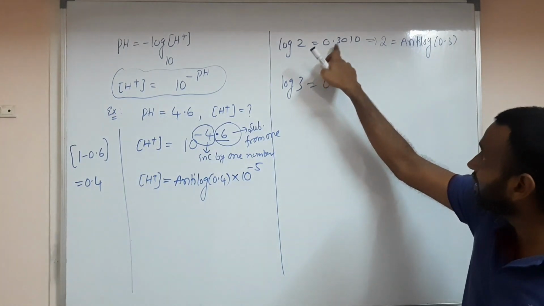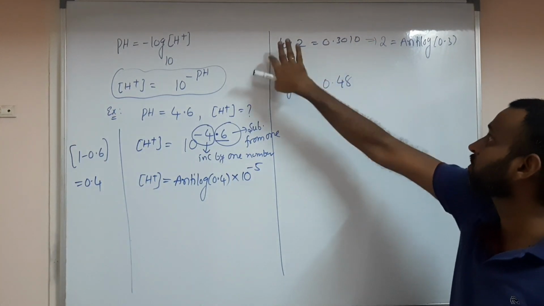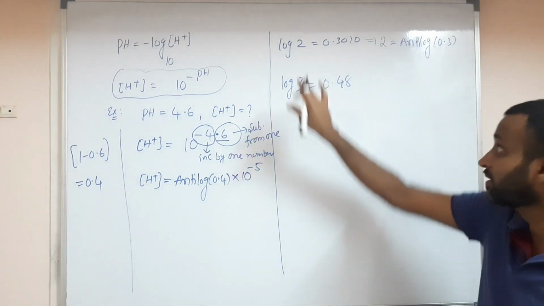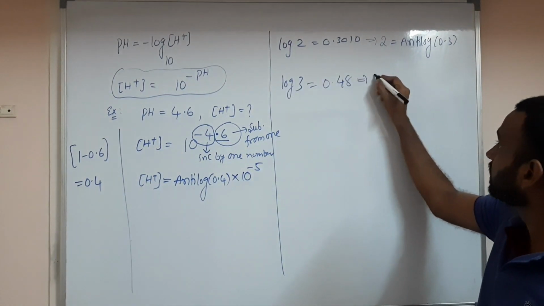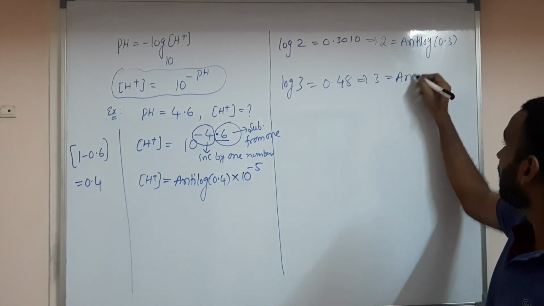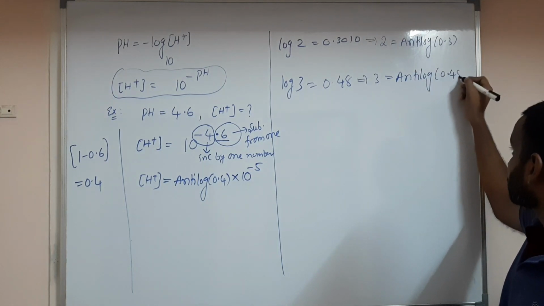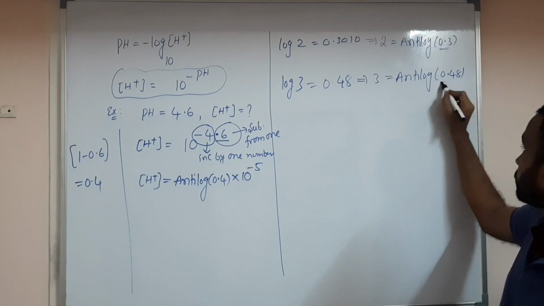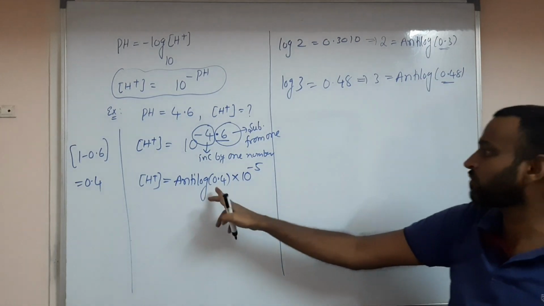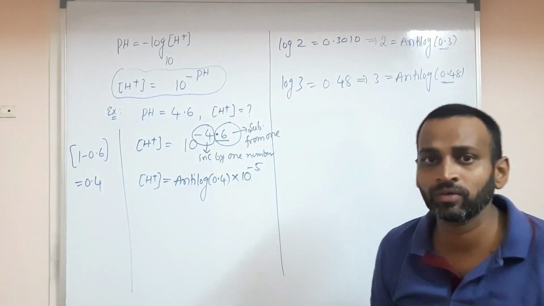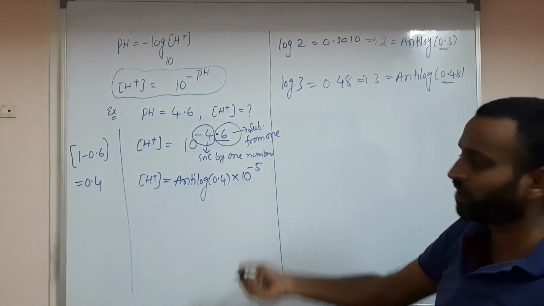Anti-log of this 0.3 is 2 because it is the reverse. Now 3 is equal to anti-log of 0.48. So you can guess what anti-log of 0.4 is now. Anti-log of 0.4 is almost 2.5.